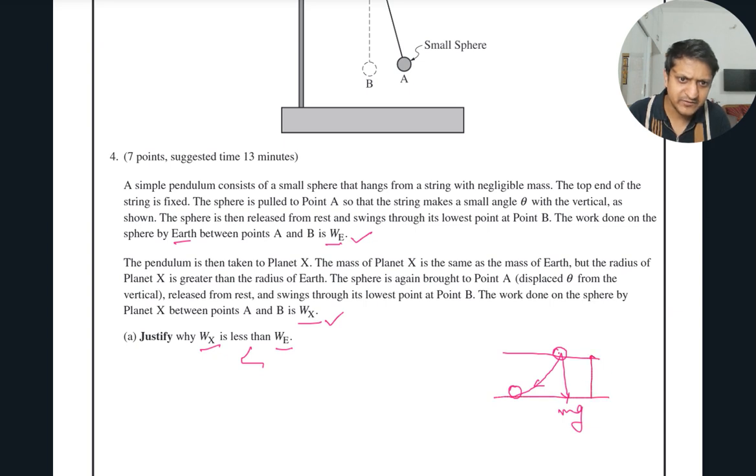So that's the distance h. The work done here is mgh because the potential energy change is mgh.